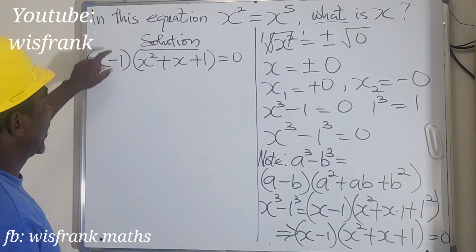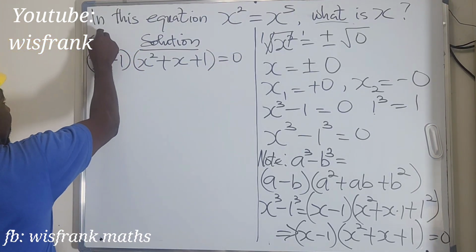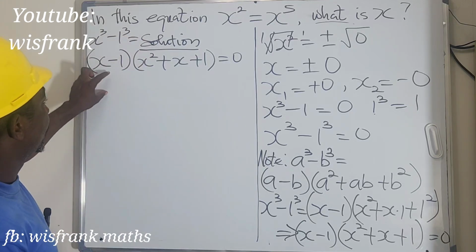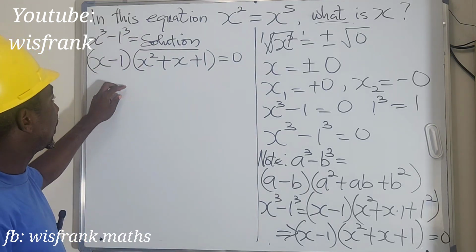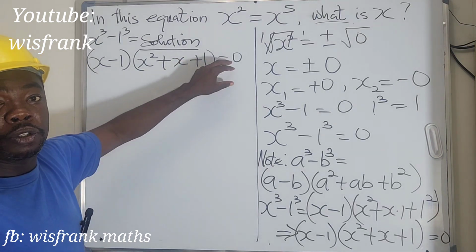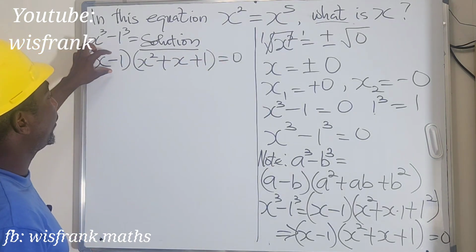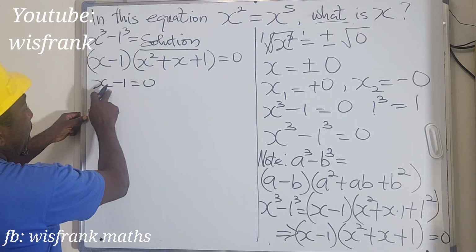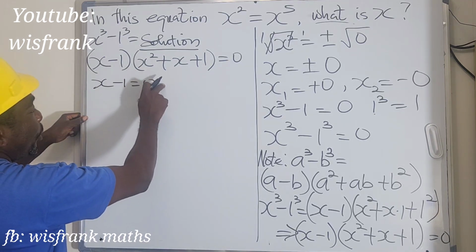In this case, this is our x to the power of 3 minus 1 to the power of 3 equals this. Our zero product rule says that the first parenthesis equals 0 or the second parenthesis equals 0. So let's take the first one where we have x minus 1 equals 0. Then here, minus 1 will be transposed to the other side.